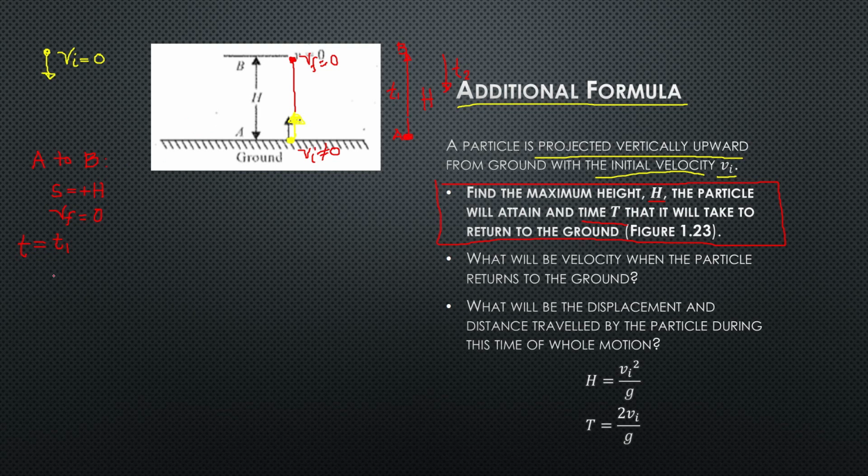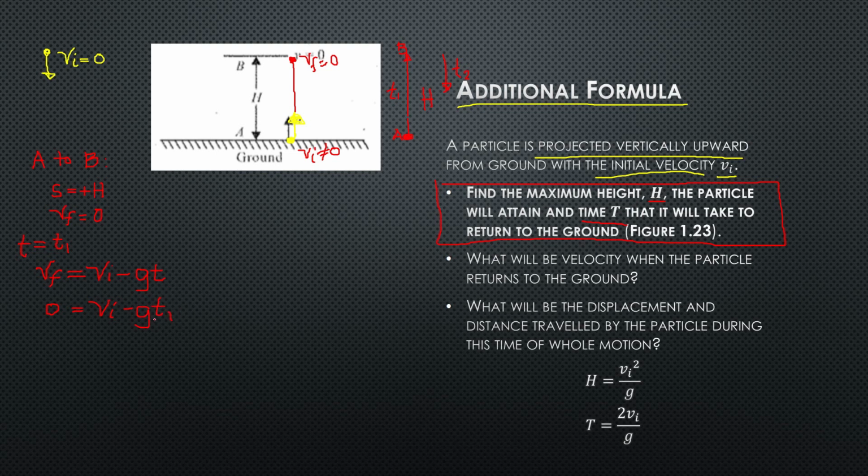Using the formula, final velocity is equal to initial velocity minus g, acceleration due to gravity, times time. So final velocity is 0, which is equal to initial velocity minus g times t1, the time taken going up.